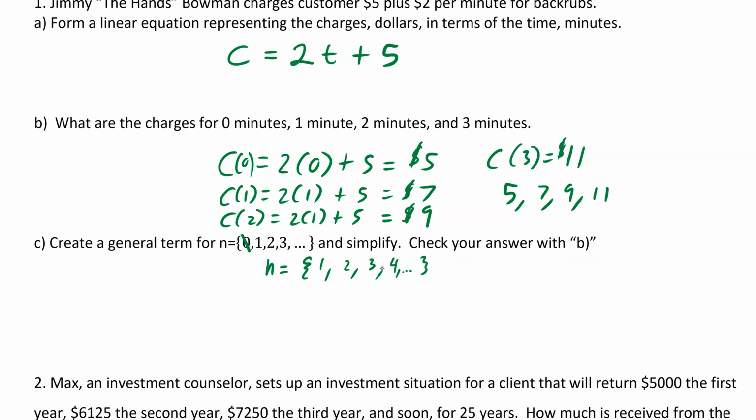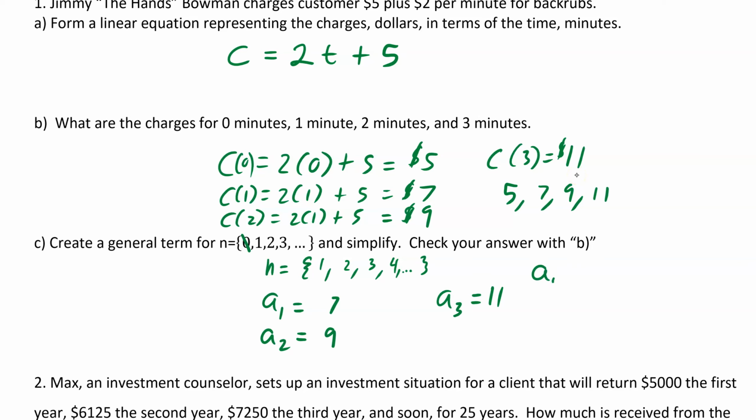As we keep going. And so a sub 1 then would be for 1 minute, and our cost for 1 minute was 7. A sub 2 would be our cost for 2 minutes, which was $9. A sub 3 is our cost for 3 minutes, which is $11. So what you're doing is just ignoring our y-intercept and starting it at 0.